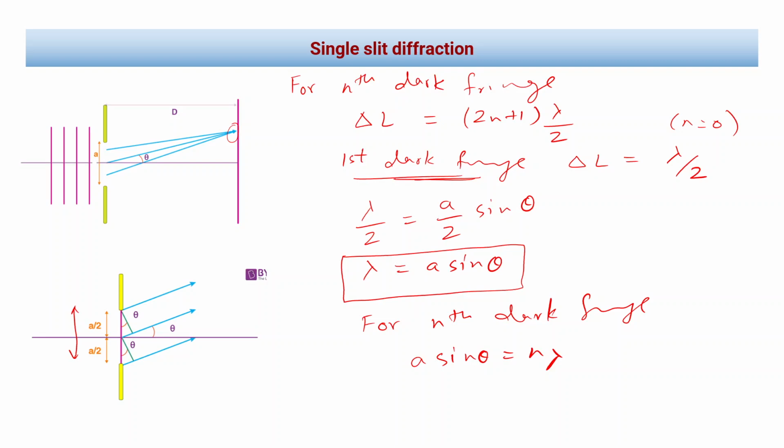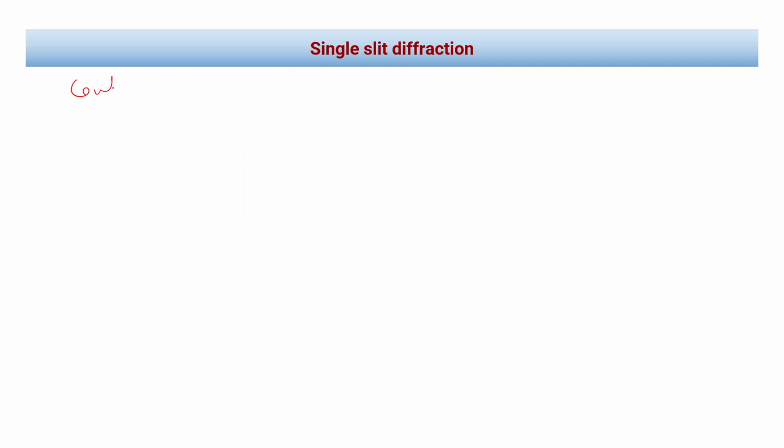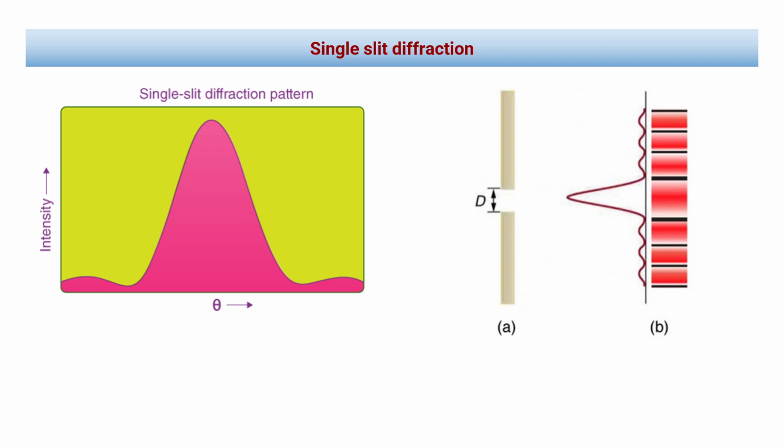Okay. So for central maxima, in this pattern, if I have a diagram here, we'll be getting a pattern like this. Again, a very nice theoretical derivation is given in the lectures. From there you can understand. So what we get is a very high intensity bright fringe at the center, and then the first order maxima, and this is the first order minima here.